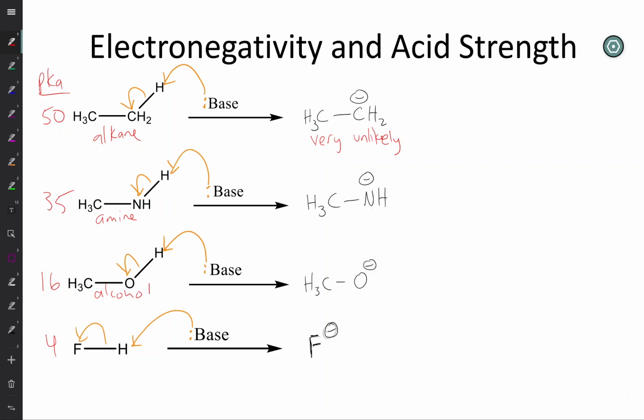So as we go down, these become more and more likely to happen, meaning these acids become stronger and stronger the more electronegative the atom is that hydrogen is bonded to. So the trend that we see: when hydrogen is bonded to a more electronegative atom, that makes a stronger acid.